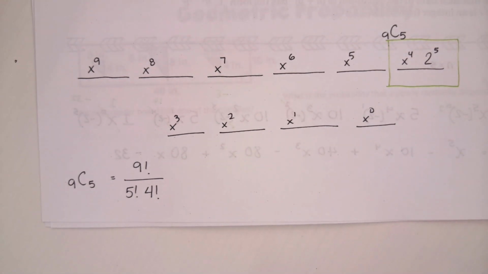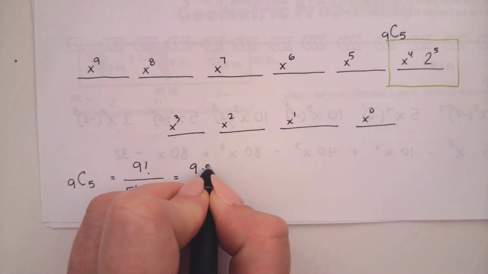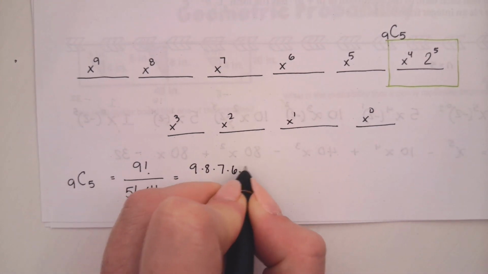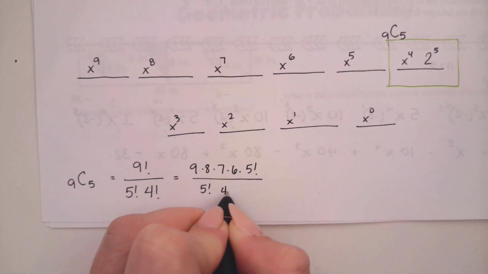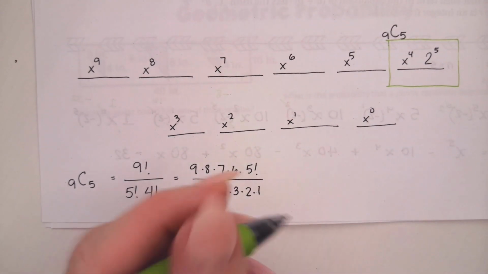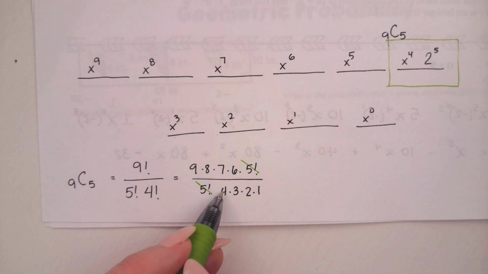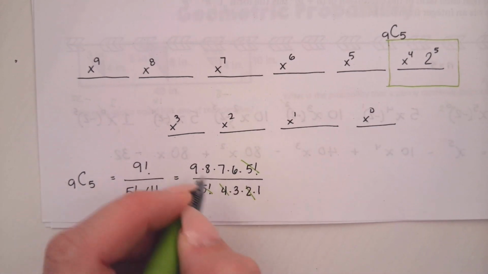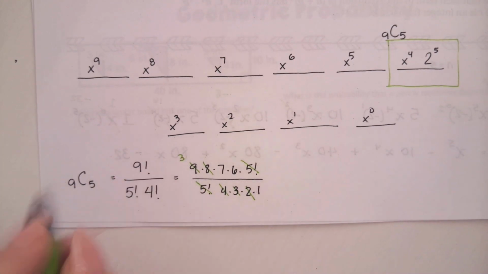We're going to expand enough of the 9 to cancel that 5 factorial on the bottom because it's the larger. And let's see, my 4 and my 2 can cancel with the 8. The 3 could simplify with the 9.